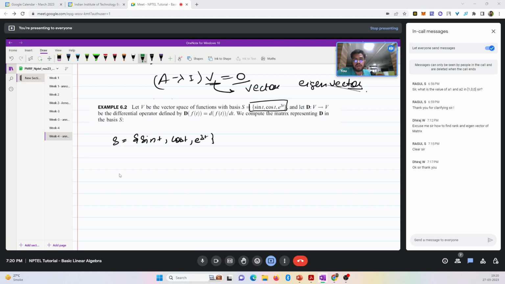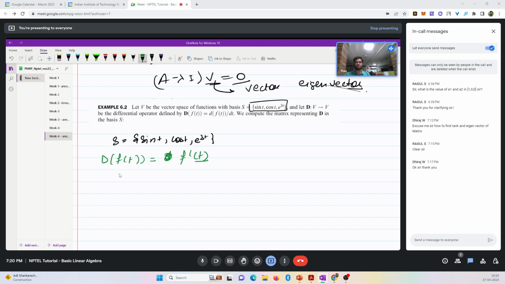The map, that is your transformation, is defined as D of f equals f dash of t. We want to compute the matrix representation for this. Let's see how we can do it.